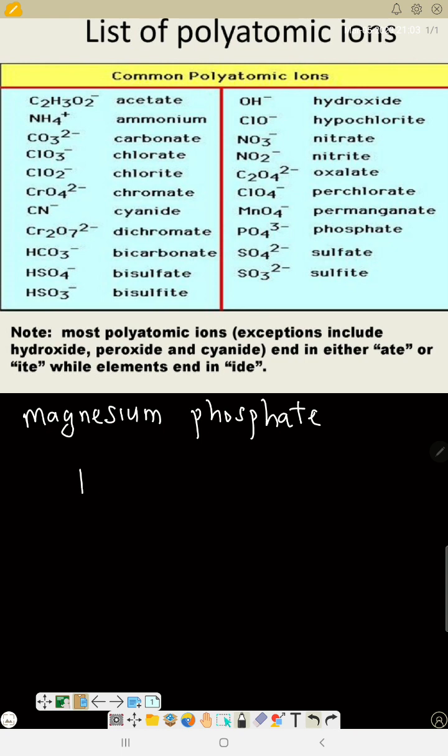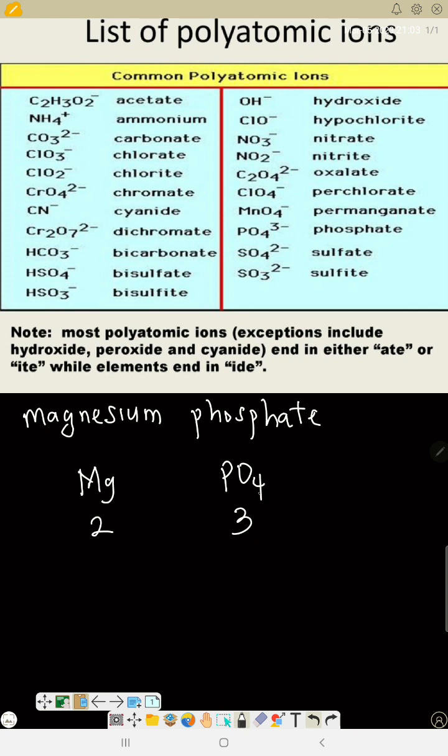So magnesium is Mg, and the valency is 2 because it's in group 2. Phosphate is PO4 3 minus, so that 3 minus will serve as a valency, but valency is always plus.